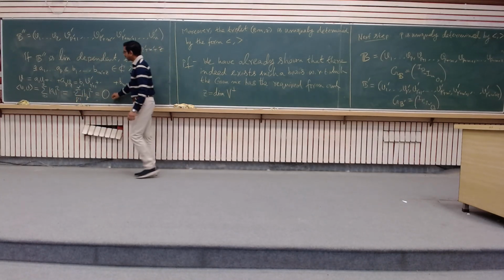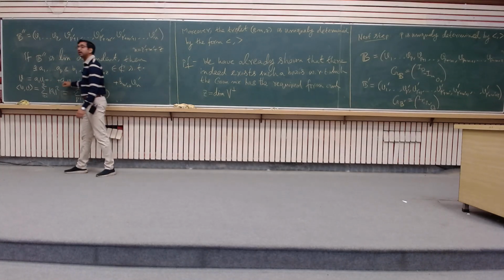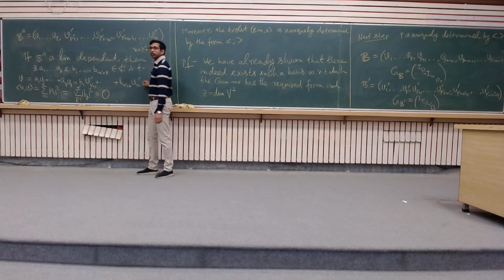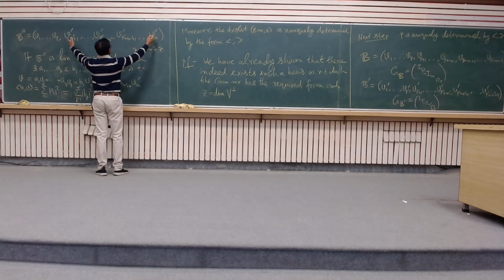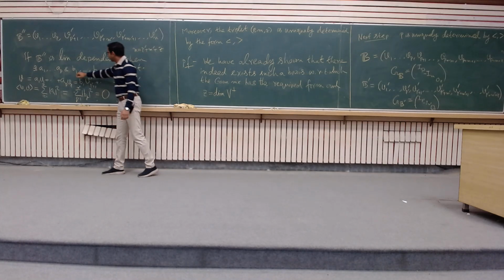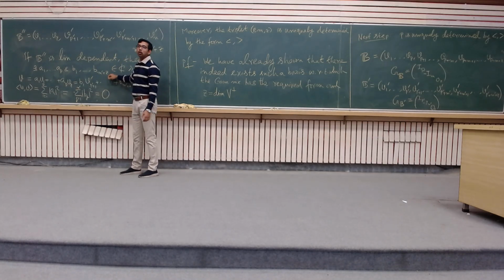What will it mean in particular? That all these ai's are 0. Now if all these ai's are 0, that means this linear combination is 0. However, this was a part of a basis, so these are linearly independent. So all the coefficients b1 to b(m dash plus z), all of them should be 0.